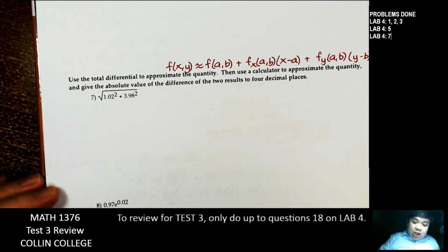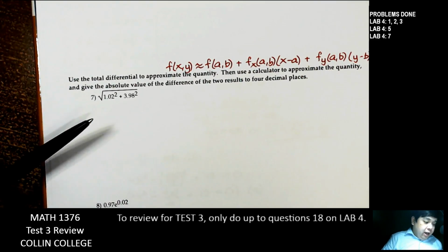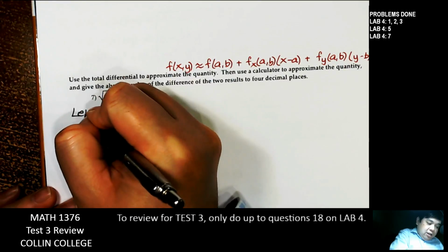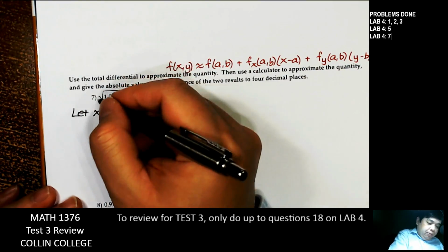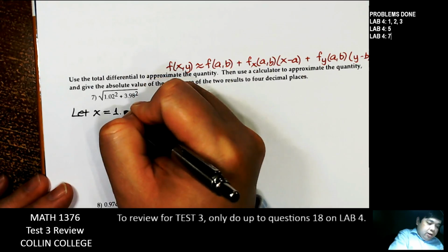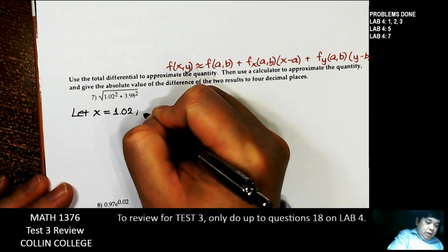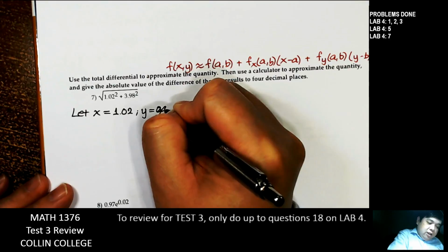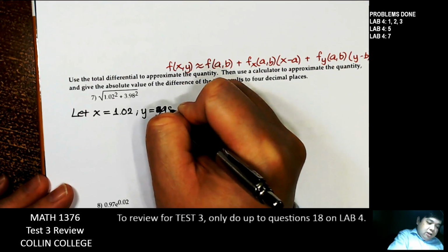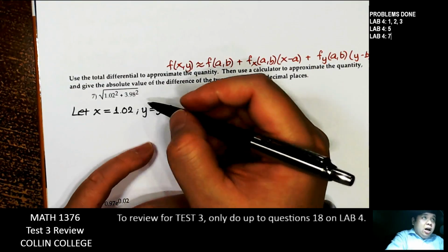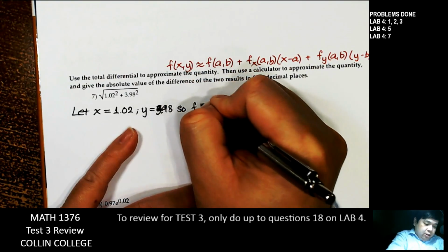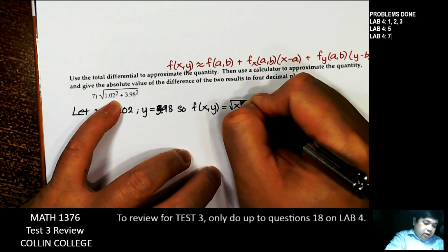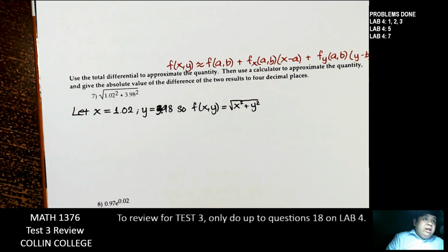Right. So in this case, usually the first thing we do, we look at the problem, and the not so nice numbers are those. So we say let x equal to 1.02 and y equal to 3.98. So the function is equal to square root of x squared plus y squared. Right. Derivative here is a bit complicated.